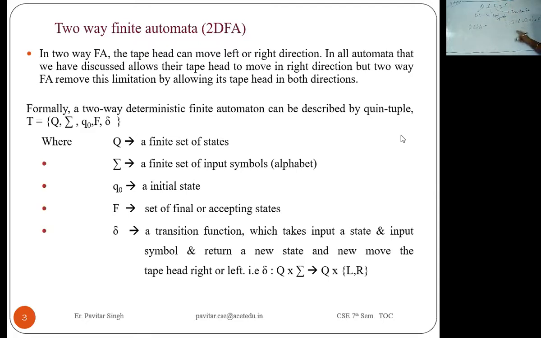Here Q is your current state, this is your current or present input, this is your new state, or you can say next state, and this one is your direction, left or right.